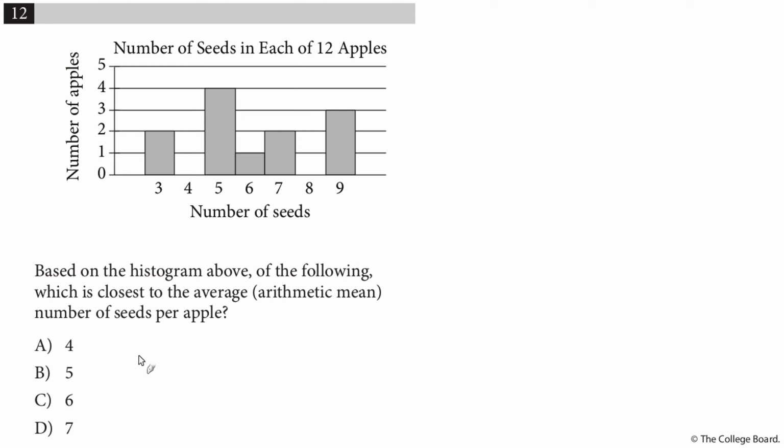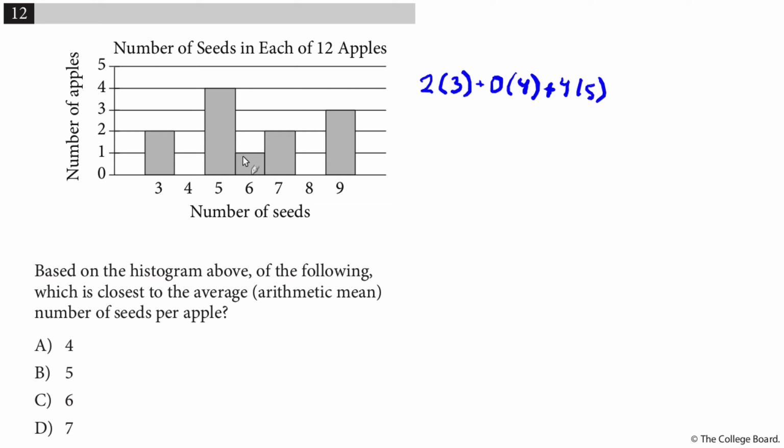The best way is probably with a weighted average, saying, okay, I have 2 apples with 3 seeds apiece. I have 0, I'll put that in here, so I have 0 apples with 4 seeds apiece. I have 4 apples with 5 seeds apiece.